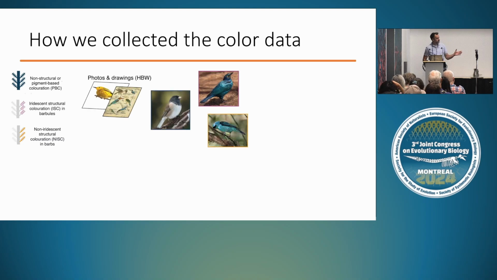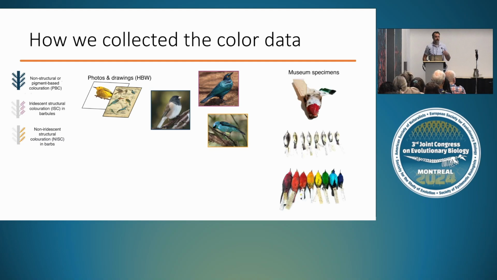So how did we do this? We first started with photos and drawings. So we went to the Handbook of the Birds of the World, looked for photos. We looked at our 10,000 bird species, and tried to score presence or absence of these different forms of color. If we ran into cases such as a folded wing painting where we couldn't tell if there was iridescence under the wing, we went to museums.